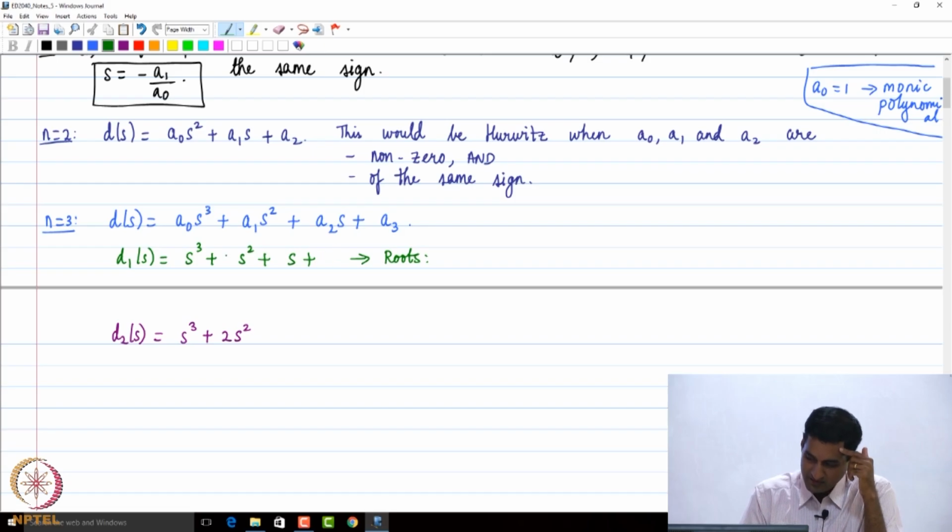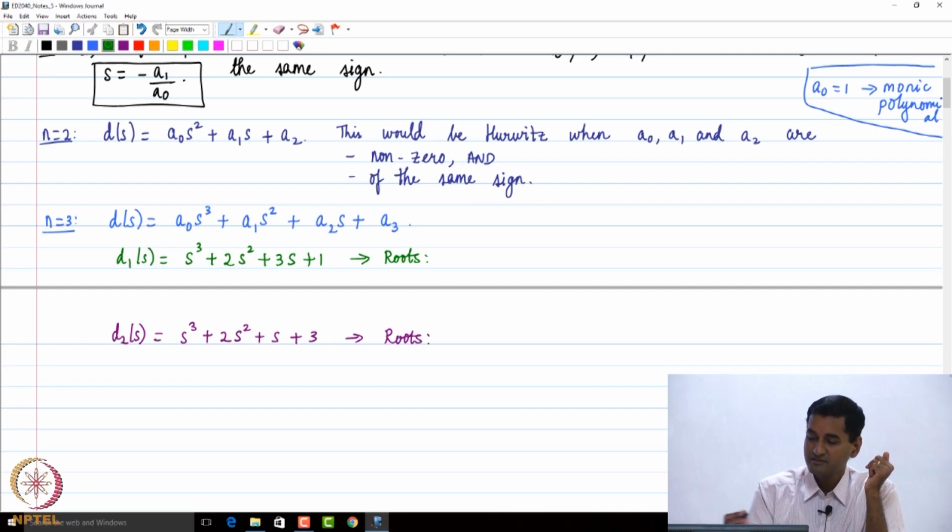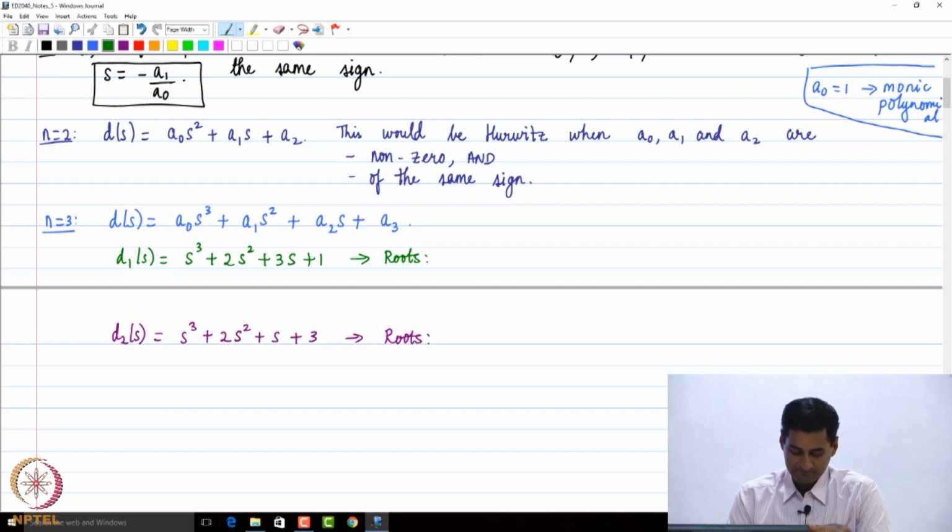The first polynomial, d1, is going to be s cube plus 2s squared plus 3s plus 1. The second polynomial, d2, is going to be s cube plus 2s squared plus s plus 3. Can you tell me what the roots of d1 and d2 are?